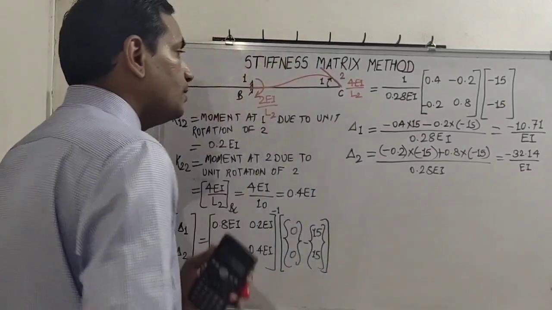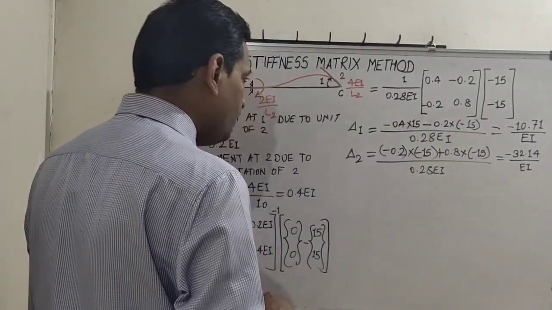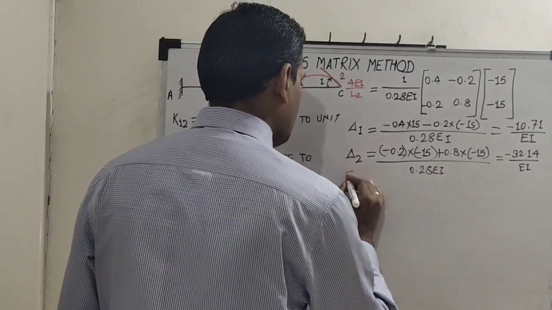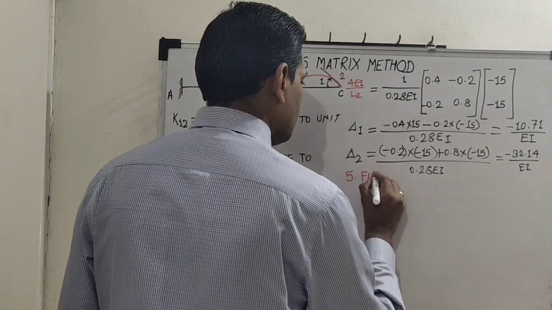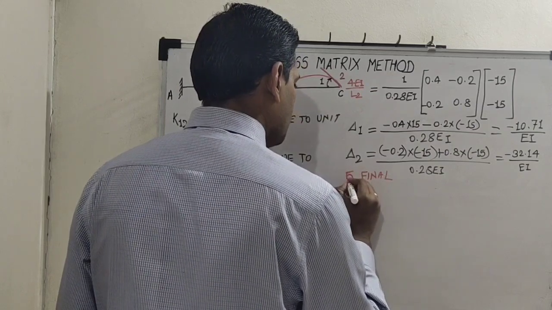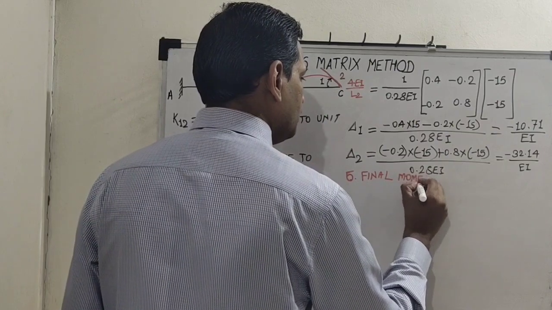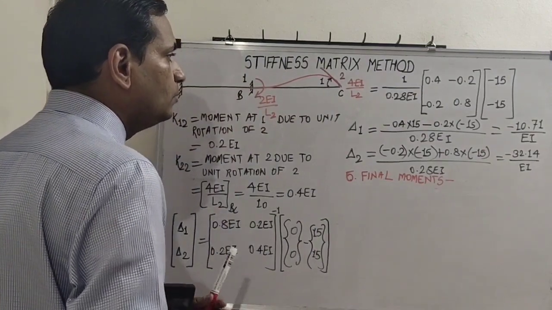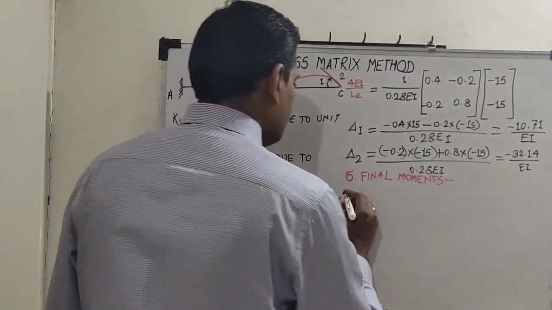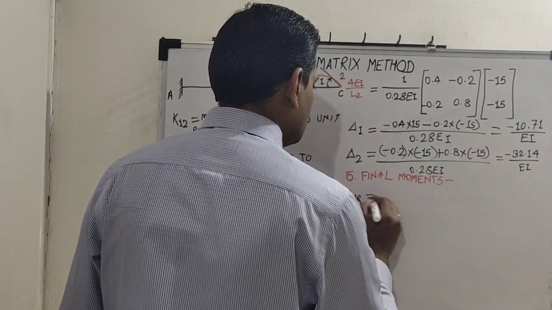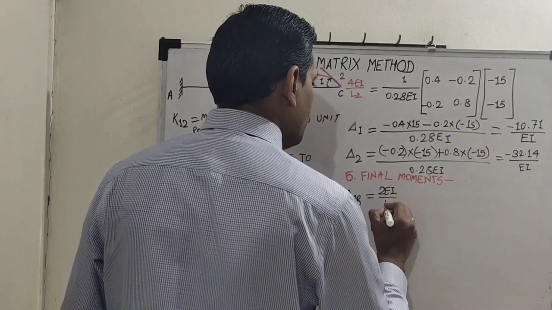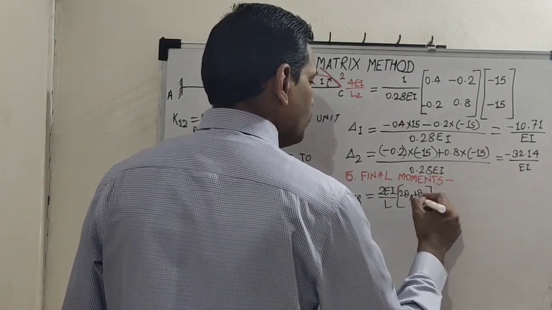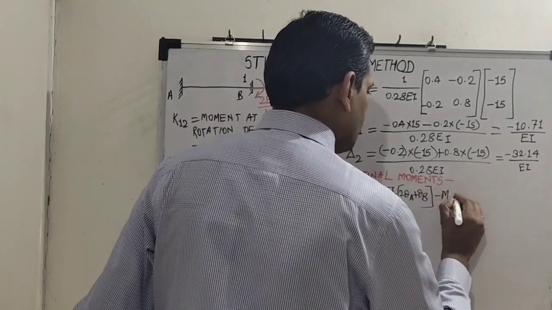Okay. So our next step will be final moments. Step number 5. No, it is step number 6. Final moments. So MAB is 2EI upon L into bracket 2 theta A plus theta B. There is no delta, so I will not write delta, minus MFAB.